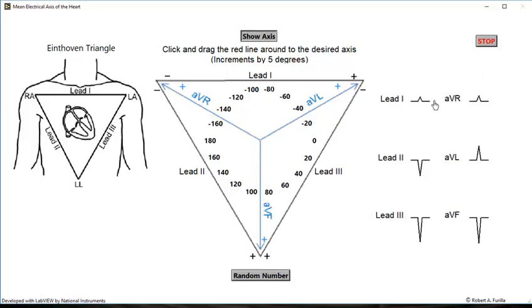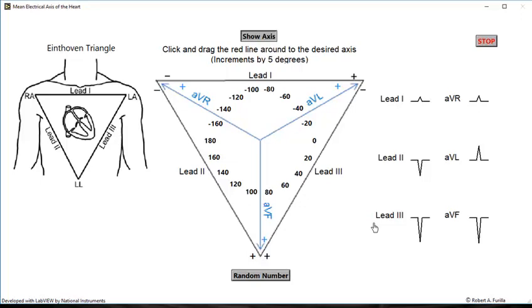This one's kind of an interesting one because we don't see any isoelectric leads. In this case, lead 1 and AVR are almost the same size. We could actually take advantage of that and say, let's assume this is the isoelectric lead, therefore we're parallel to AVF and negative. That would be minus 90. But let's assume that that wasn't it. Let's say this is the isoelectric lead, AVR, which means it is parallel to lead 3.